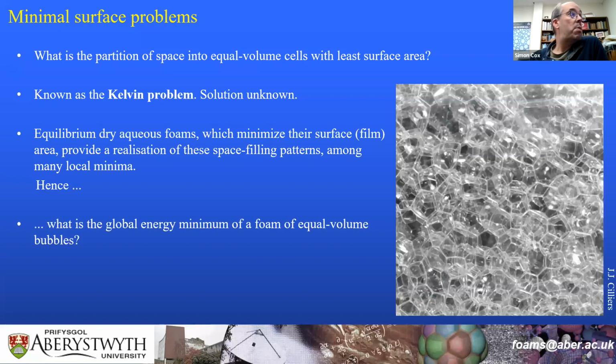And so they'd be finding the global energy minimum for a foam of equal volume bubbles. And really, the picture in my mind is always this sort of foamy structure, where the struts between the bubbles are very thin, there's very little liquid in there.